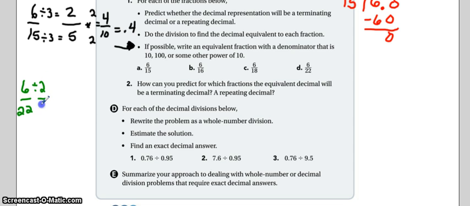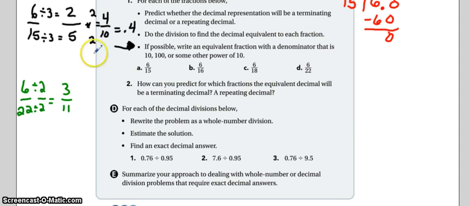We divide both of those by 2, and that gives us 3 over 11. Now, this is what I was talking about. We can't divide 6 by 11 and get a smaller number. So we get 3 divided by 11.